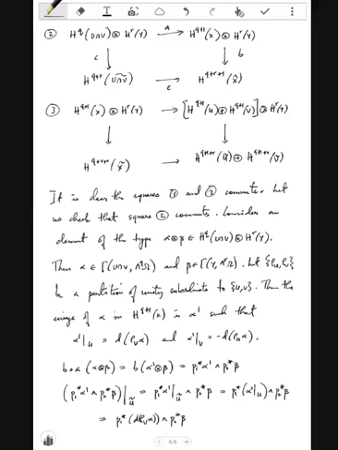and since d of beta is 0, therefore d of p2 upper star beta is 0, so this we can write as d of p1 upper star of rho V alpha wedge p2 upper star beta.